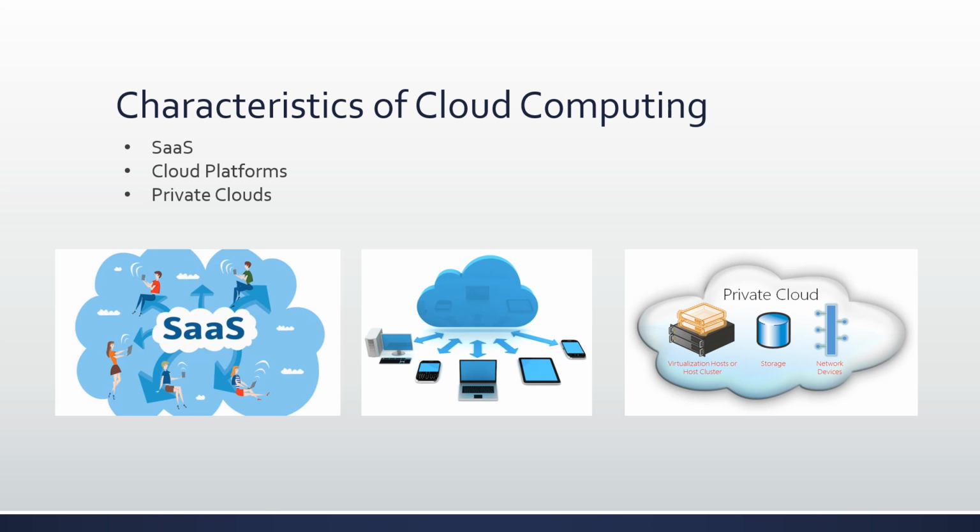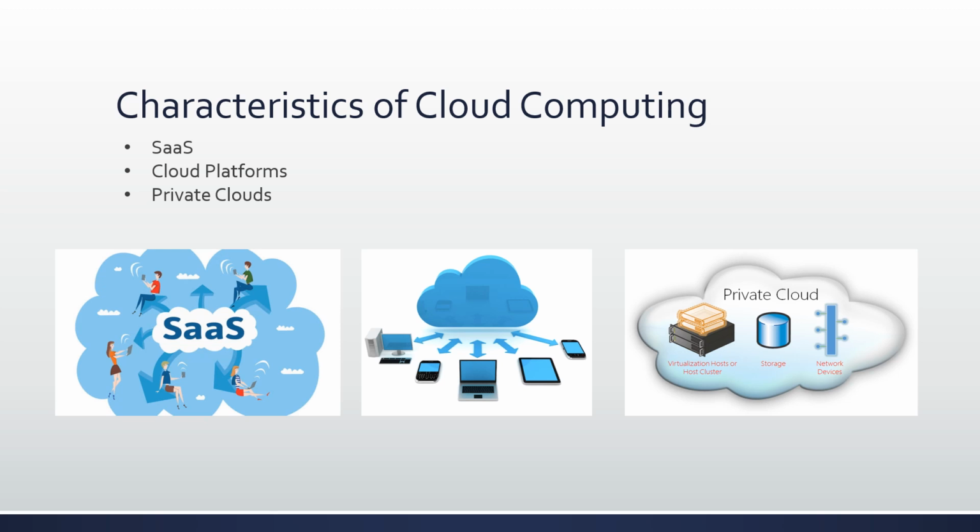For cloud platforms, these are platforms that include technology for running applications, storing data, and more, which are again run at data centers that are owned by someone else besides your organization, but are accessible across the internet. Private clouds. The purpose of this category is to take cloud platform technologies and run them on on-premises data centers.